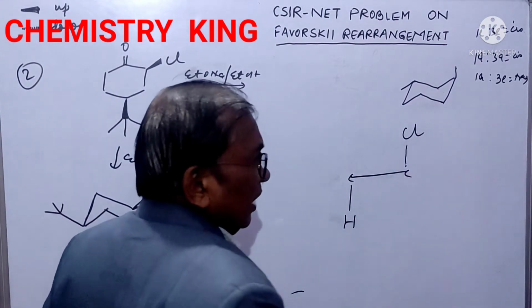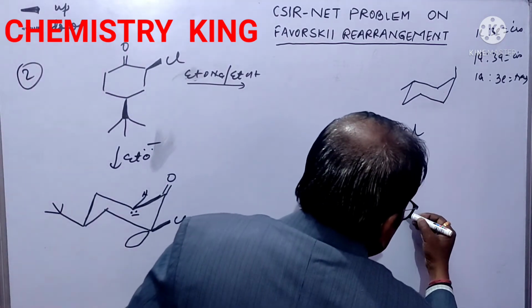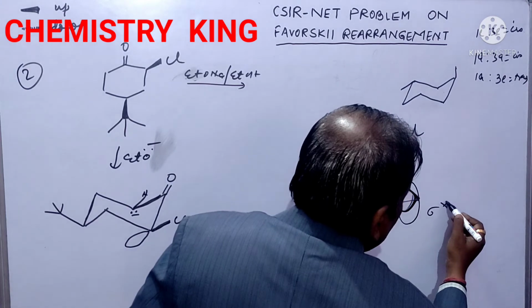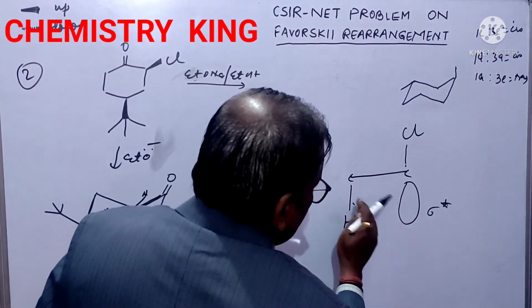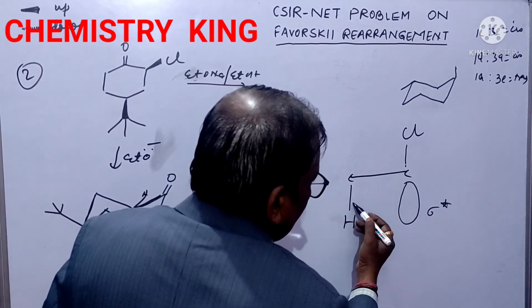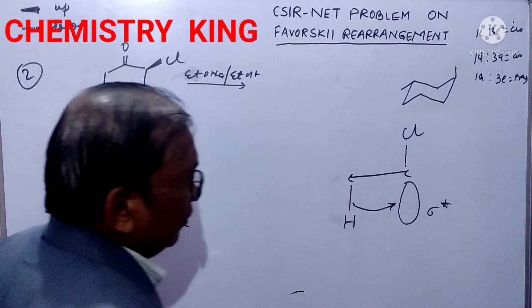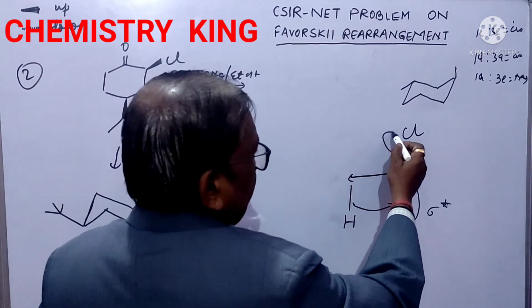These two electrons are in the sigma orbital, and here is sigma star, and it is blank. And these two electrons are near to this, and it is easily connected to this sigma star. So elimination will take place.